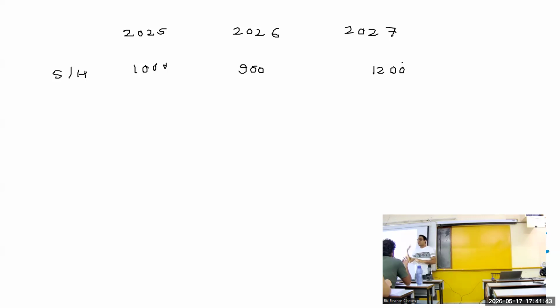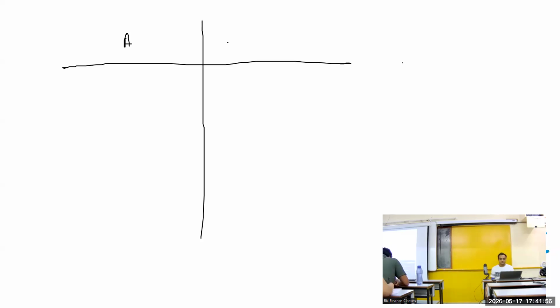Let me tell you the accounting entries. Write down the accounting entries for share buyback. In the case of share buyback, the company is paying the cash. So what should happen with the cash?